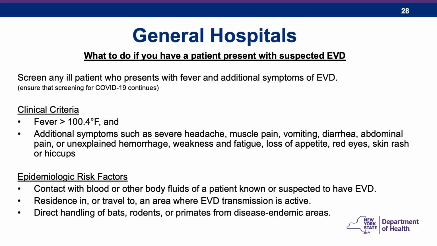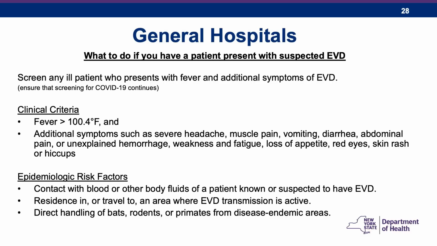What do you do if you have a patient present with suspected Ebola virus disease? And I know the previous speaker has gone into this a little bit. I'm just going to summarize here what the expectations are for most frontline hospitals.